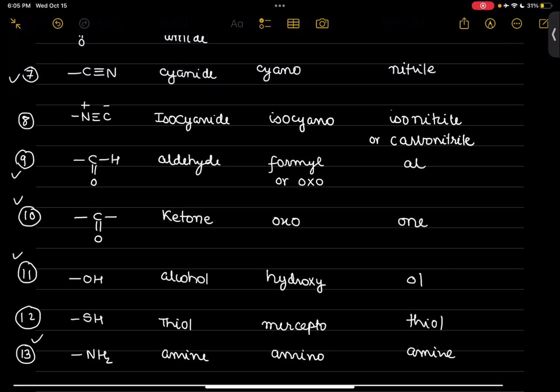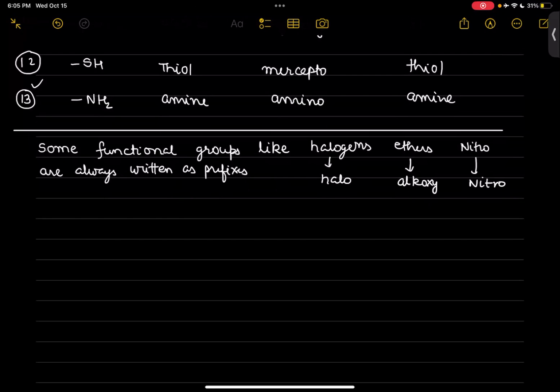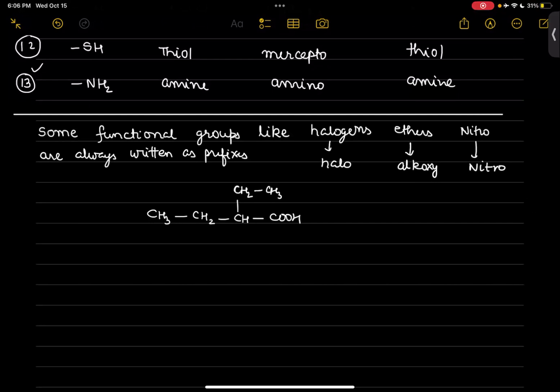So this is the basic list of the functional group priority sequence. Now let's start with the naming. Suppose you have this compound.